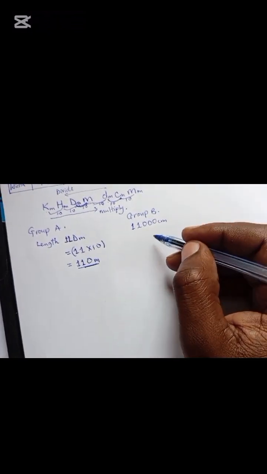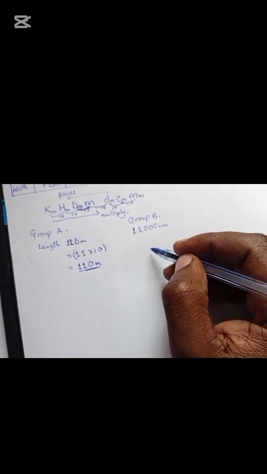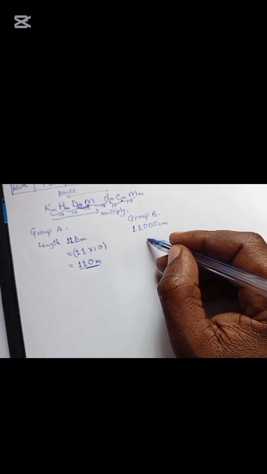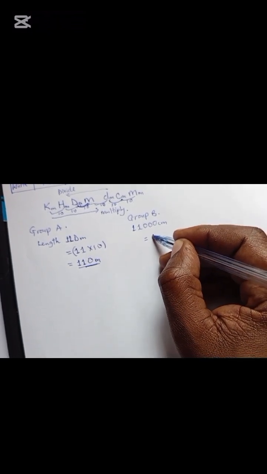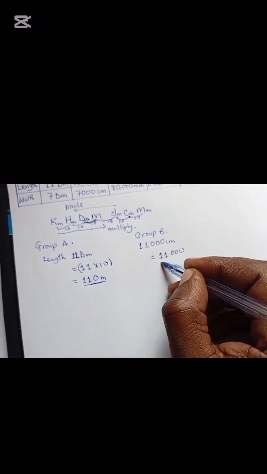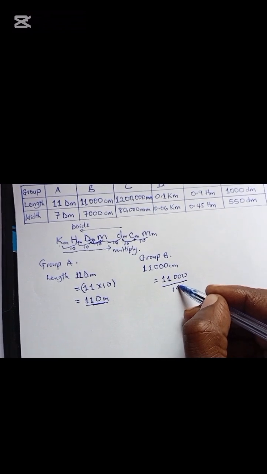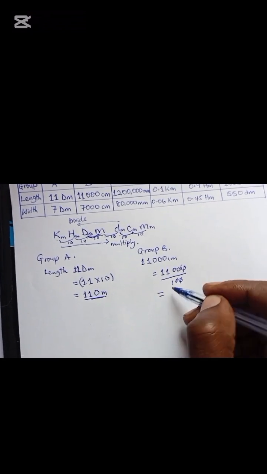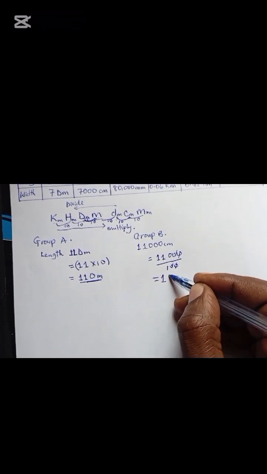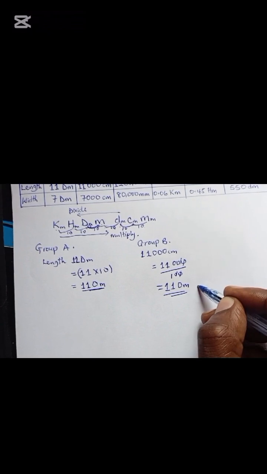So the variation there is 100. Since now I'm taking from centimeters to meters, which is bigger, I'm going to divide by 100. So I have 11,000 divided by 100. So that makes it to be 110 meters.